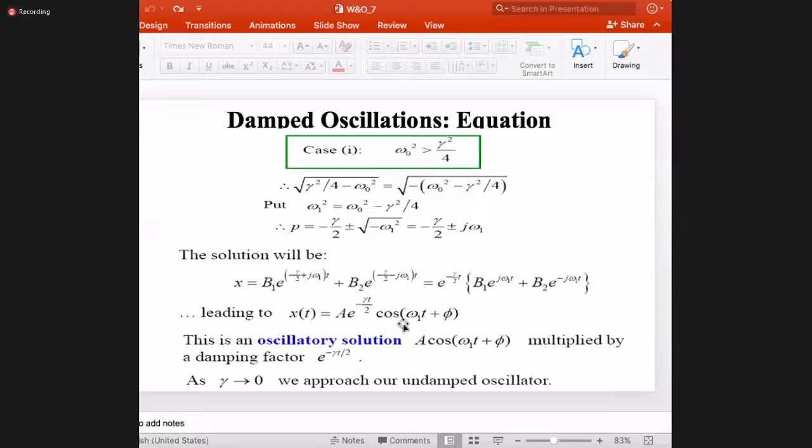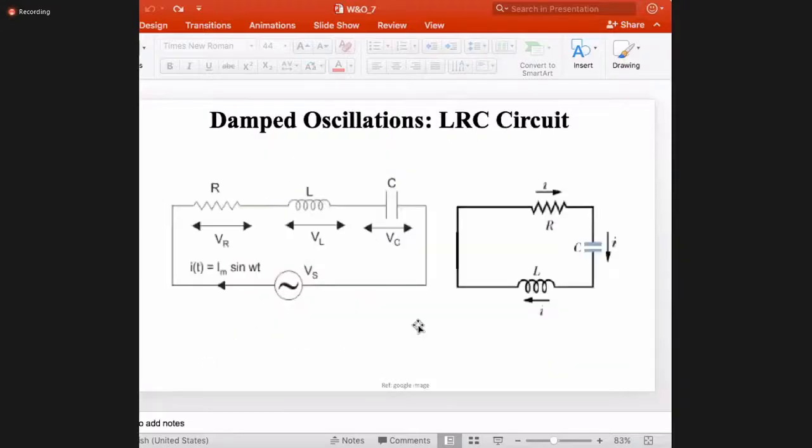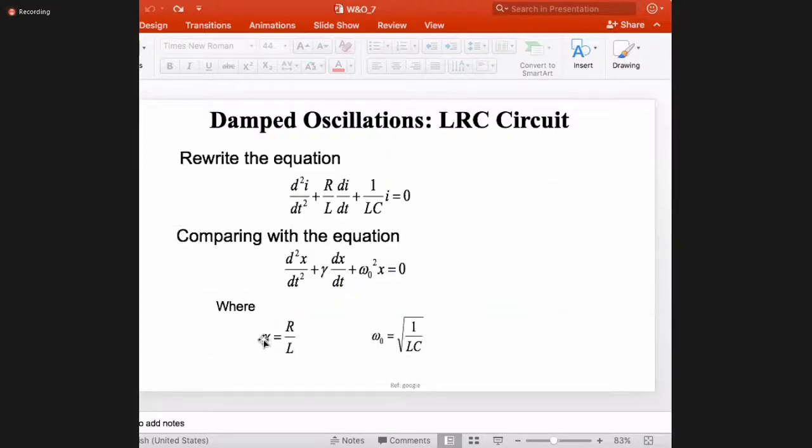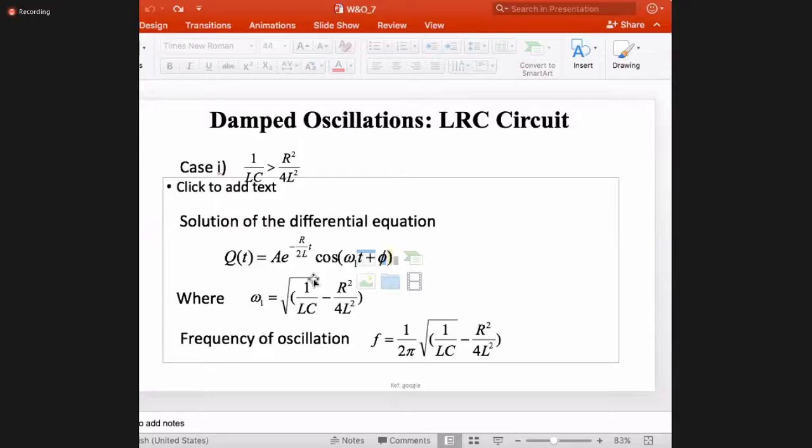If we put in the values of gamma and omega 1 in terms of our LRC circuit, we can write the solution of the second order homogeneous differential equation of the LRC circuit like this. I think now you understand, roll number 30. Yes, sir. Okay. The question, sir.